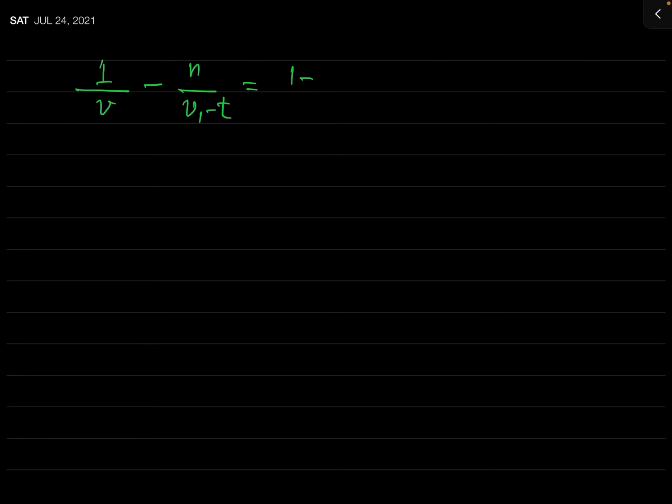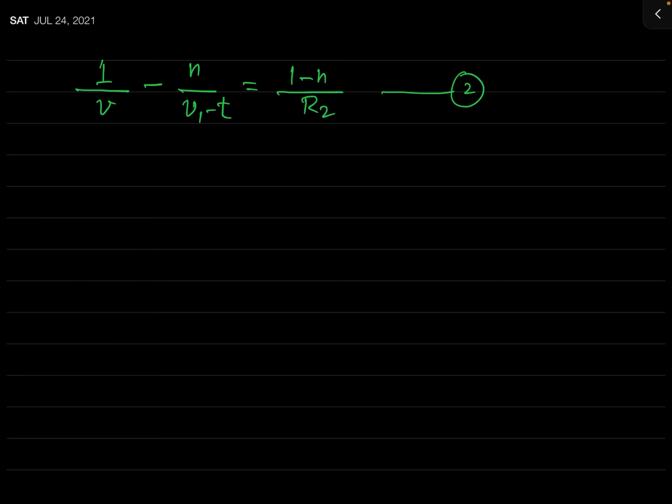N2 is 1 and N1 is N. And R we have assumed this is R2. So 1 over V minus N over V1 minus T is equal to 1 minus N over R2. So this is the Gaussian formula for the refraction at the second surface.